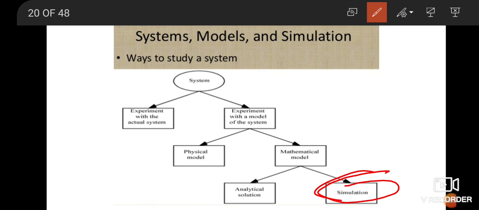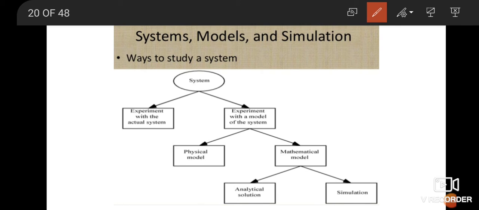Then next comes our point, that is simulation. So now we can take the help of those parameters and we can build a simulated system. So we can build a simulation model. A simulation model you can build with graphics, using graphing aid tools on a computer screen, and there you can do the same thing. You will experiment with the system. Now here what you are doing, you are experimenting on a screen.